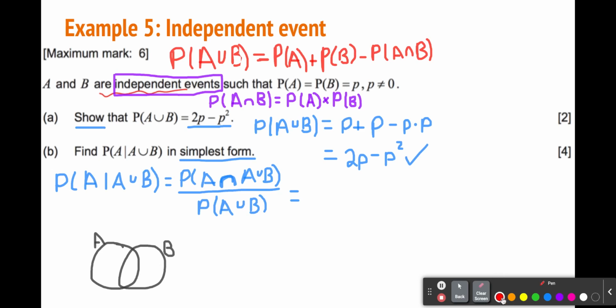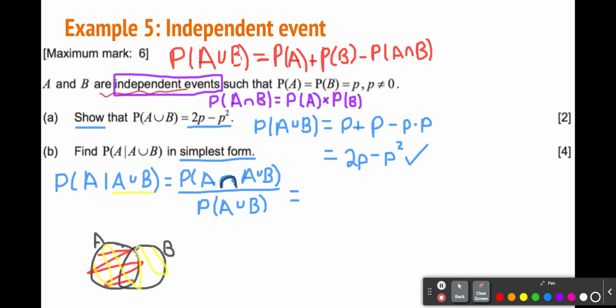So let's try to understand what that top part is. So the probability of A is all of this happening, right? So all of this circle. The probability of A union B, this is absolutely everything. That's A or B, right? So all of this happening. And then when we're trying to take A and A union B, we're looking at the red part and then the intersection of the yellow part.